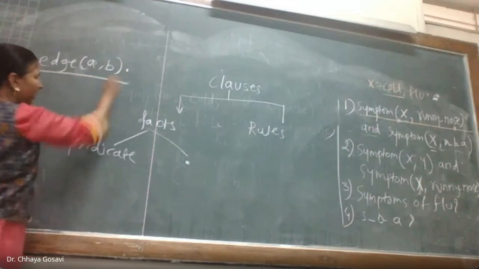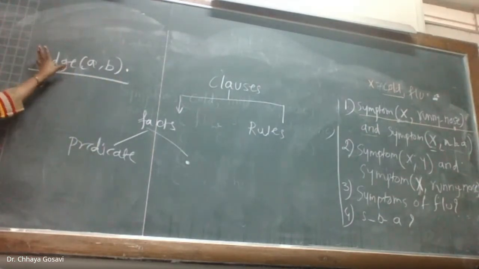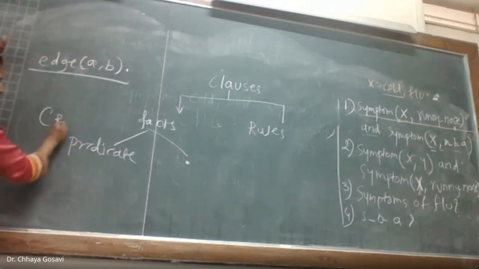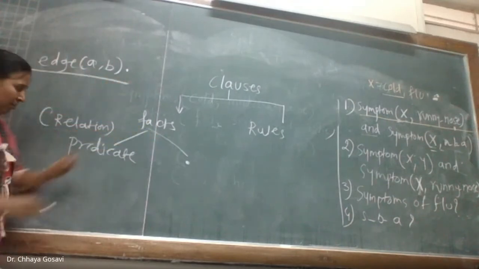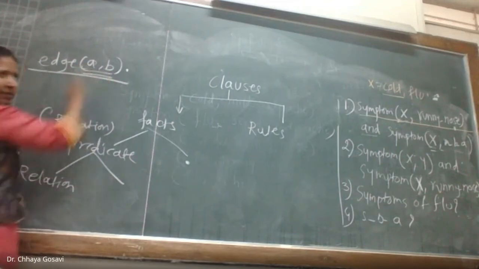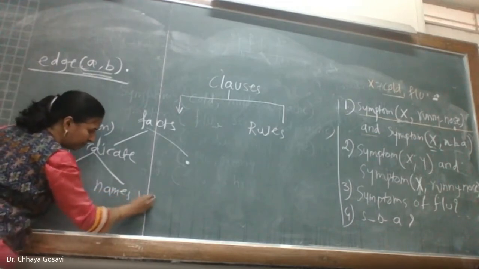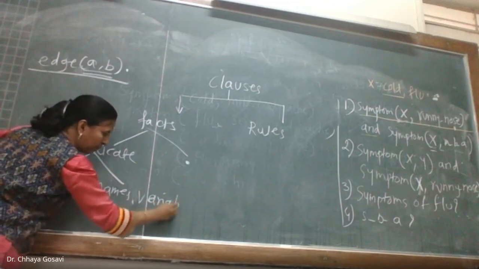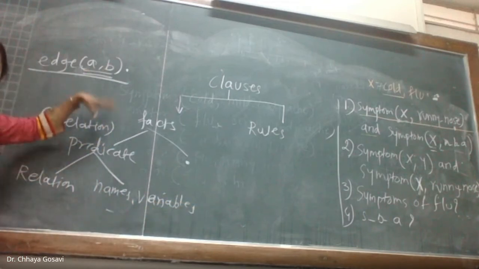So this is a clause which is a fact, and this is called the predicate. Predicate means relation. And this is the dot. The predicate has a relation, and what we pass to the predicate are names or variables. It can be a compound; we can pass another fact to this fact.